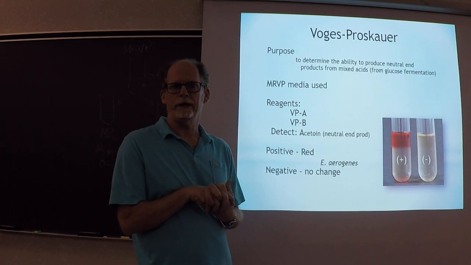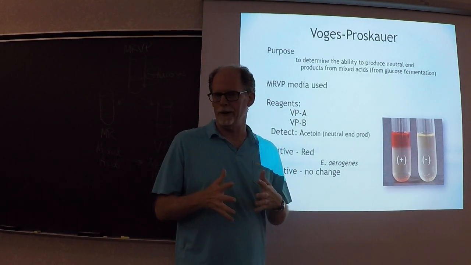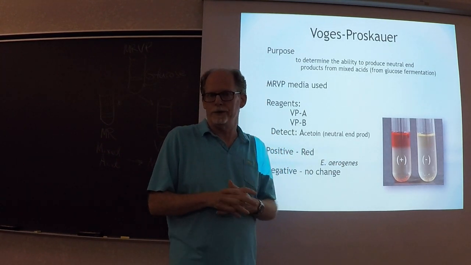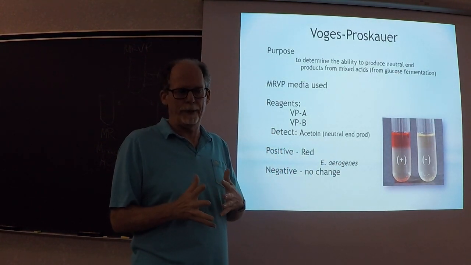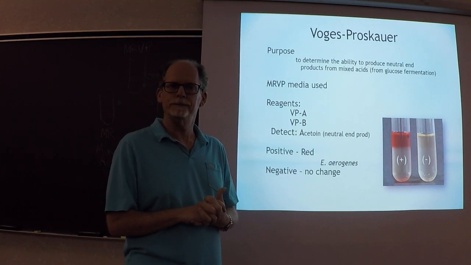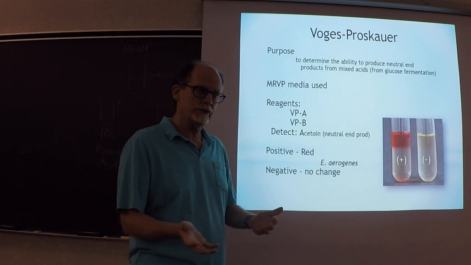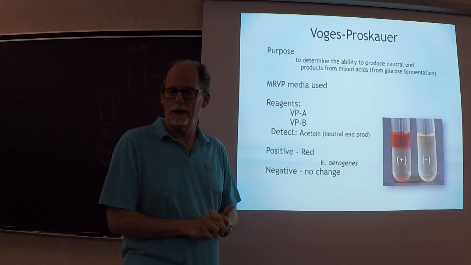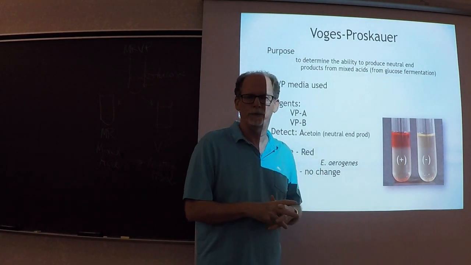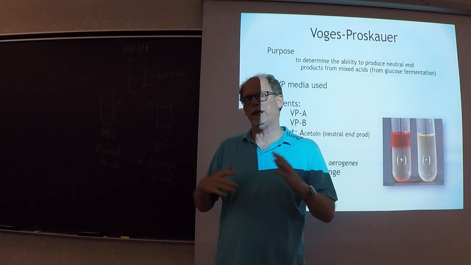It would probably take 3 or 4, maybe even 5 or 6 tests to actually narrow it down to which bacteria you have. It just depends. Sometimes it's a slam dunk and sometimes it's not. E. coli is always a green metallic sheen on EMB, so that would identify your unknown for sure, without any other tests.